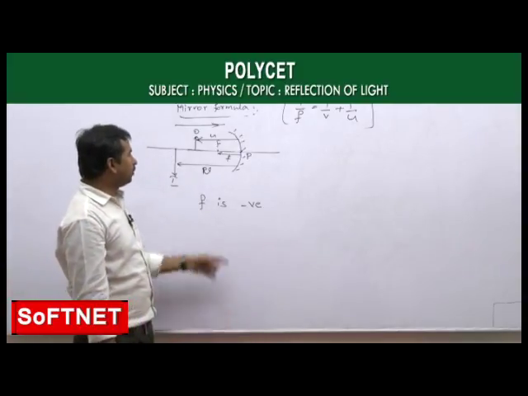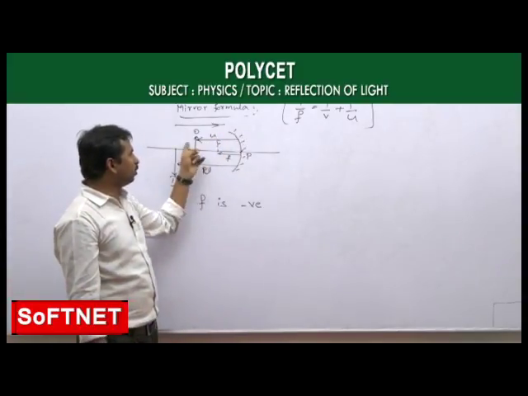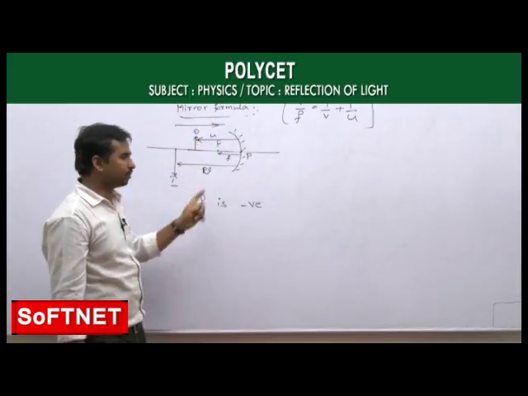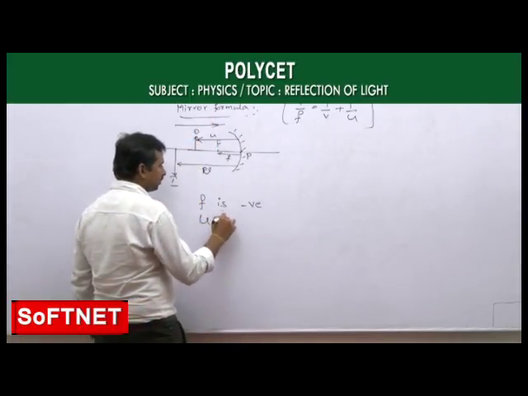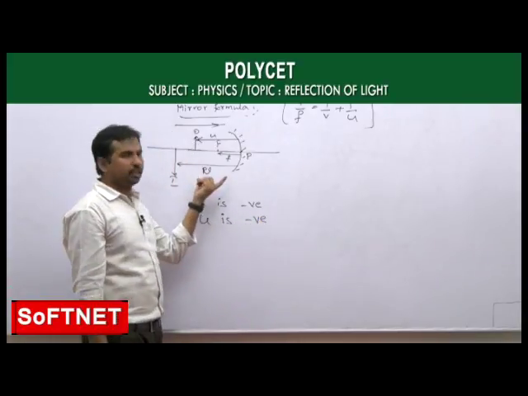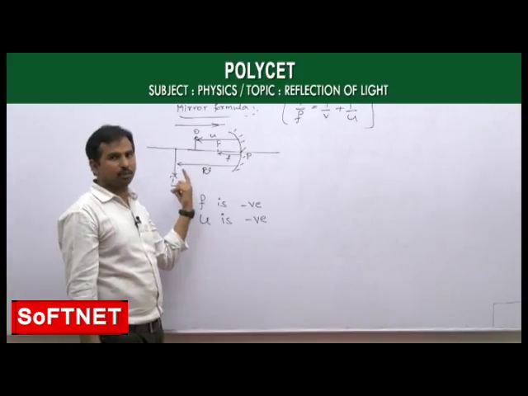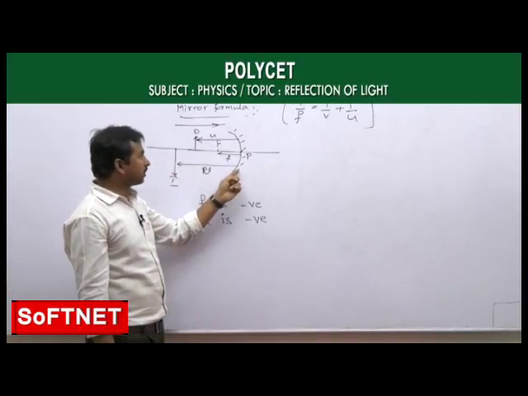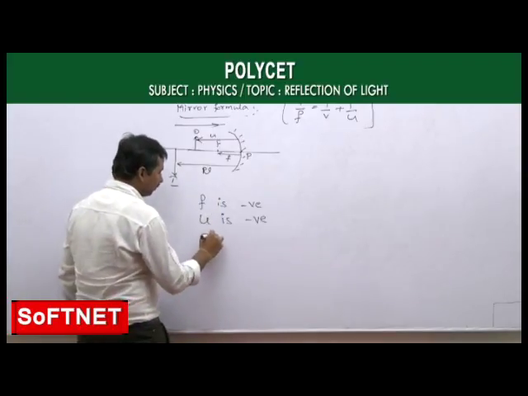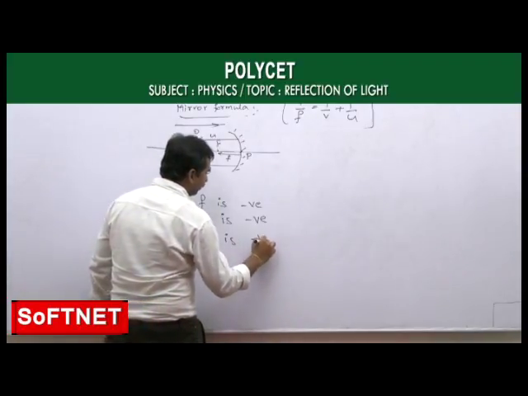Whereas the object distance, if you take from the mirror to the object, here also we are measuring opposite to our incident ray. So that's why the object distance u is also negative. In the case of v, the image distance formed on the same side, we are also measuring opposite to the light ray direction. So that's why v is also negative.